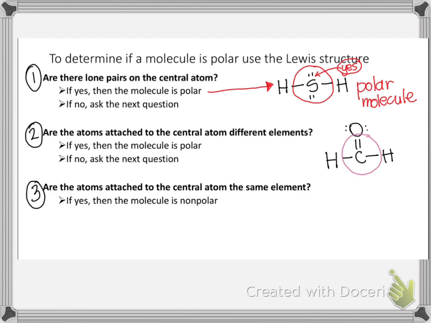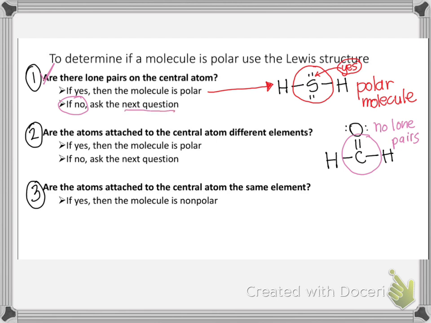And so you would ask question 1 first. So are there lone pairs? And we'd say no lone pairs. And so in the questions, you would say to the first one, no. And so then you would go to the next question.